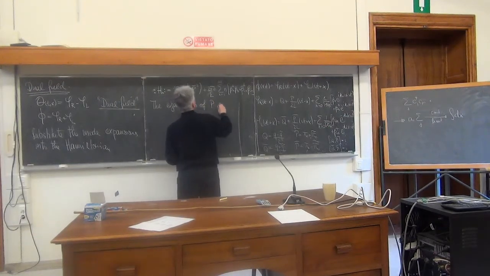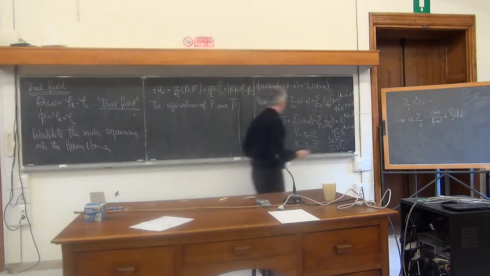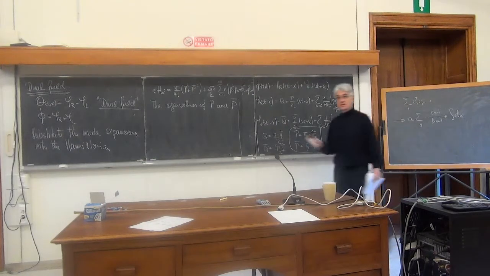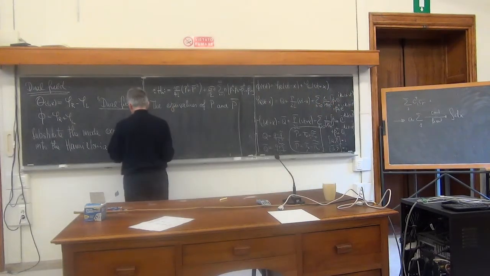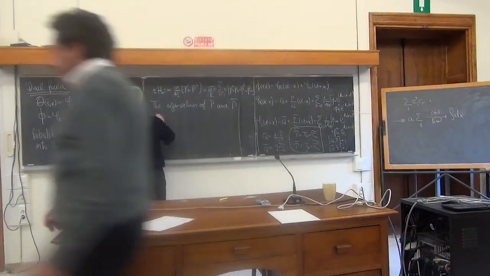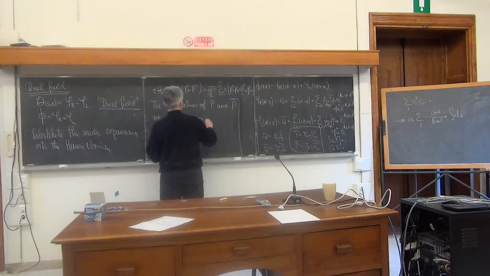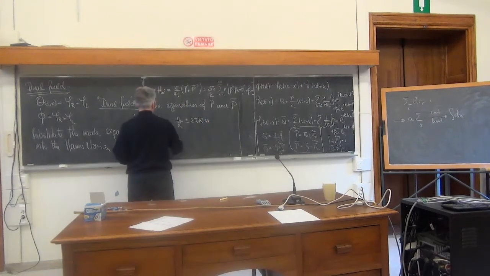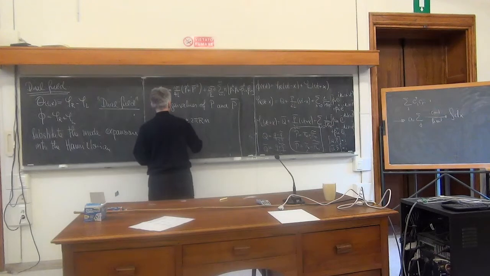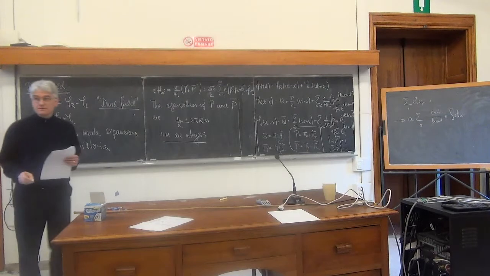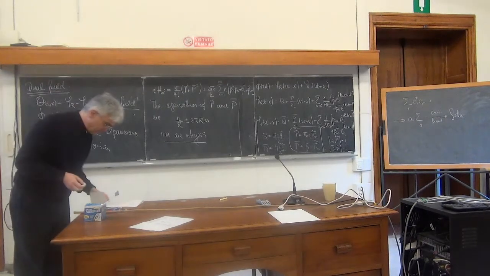Now the eigenvalues of P and P bar simply follow from the eigenvalues of pi naught and pi naught tilde, which I derived for you before. So these eigenvalues are just n divided by r plus or minus 2 pi r m, where n and m are integers. That follows from what I did just before we had the break.